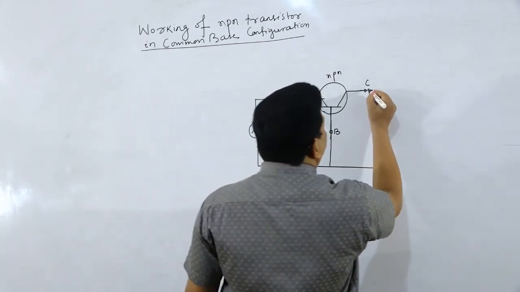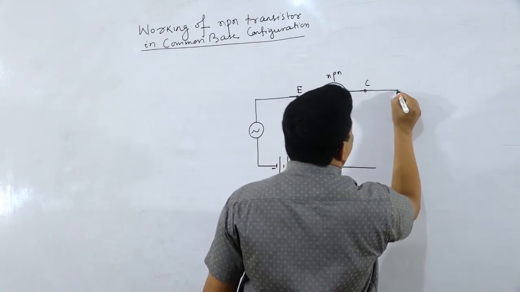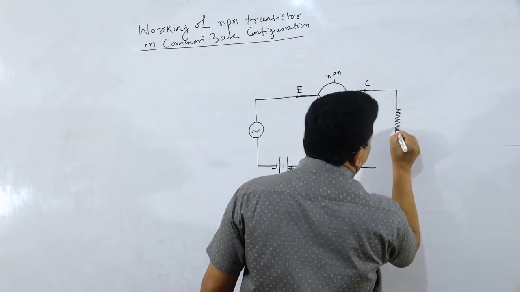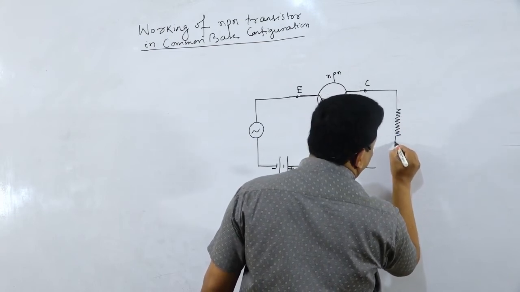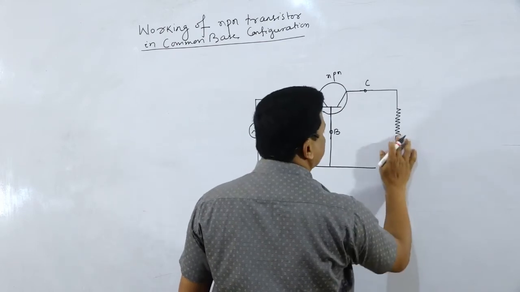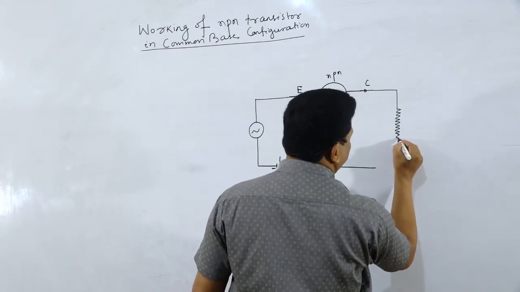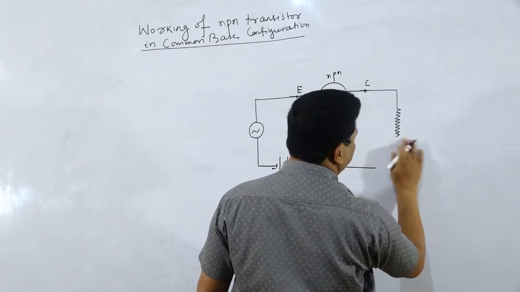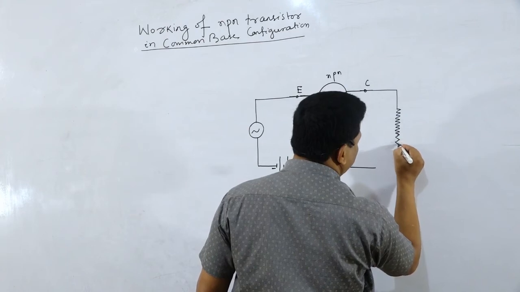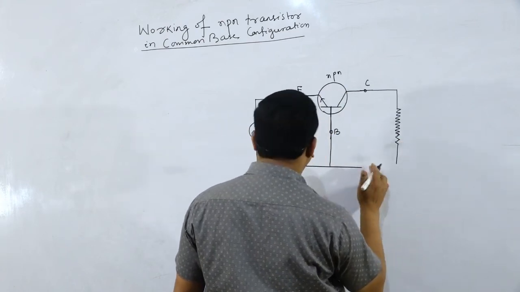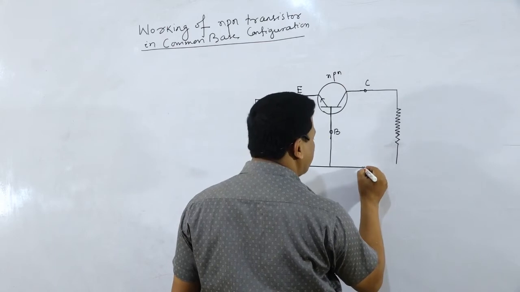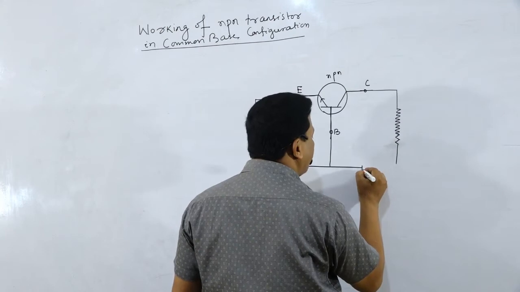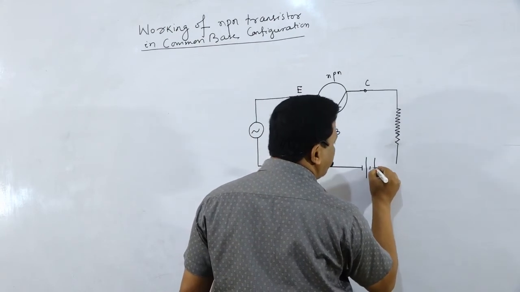And the collector is N material again. We shall connect the N type collector with the positive terminal of another battery.